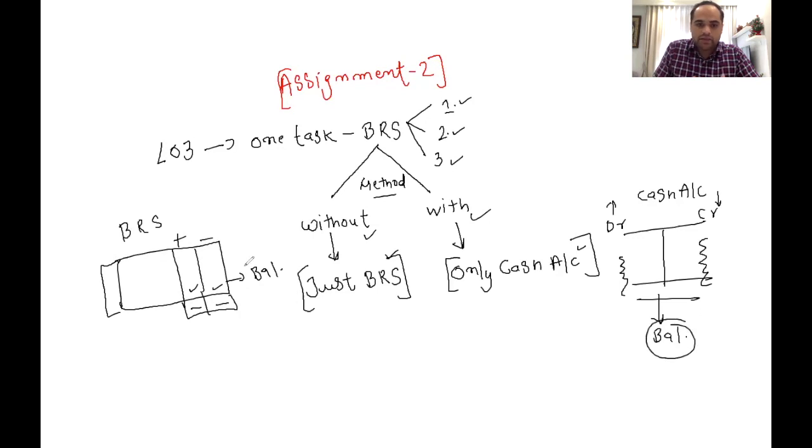So your balance for cash accounts and bank reconciliation statement is gonna be the same, no matter which method you use, with or without. But again, your explanation in bank reconciliation statement will be different than explanation of cash account. So when I explain to you, make sure you focus more, right? So this is the thing that you have to keep in your mind.